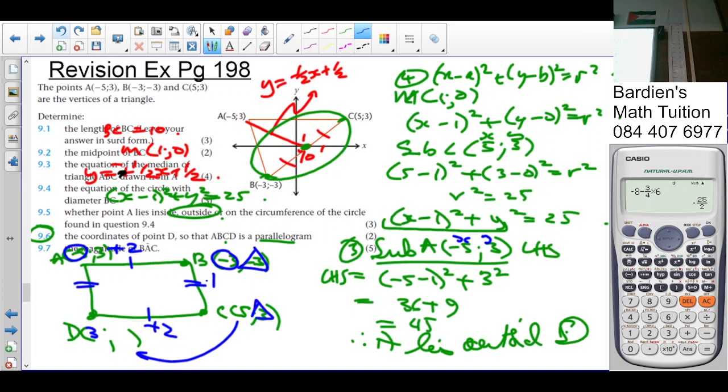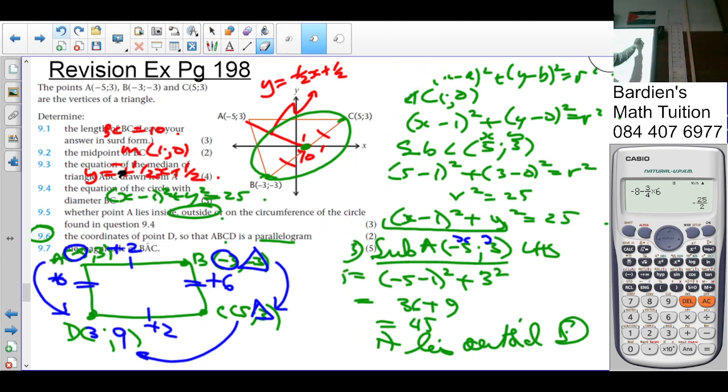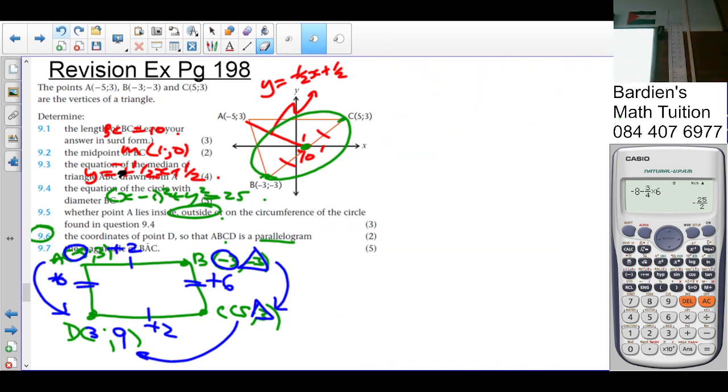You're adding 6 when you're moving in that direction, not so? So I must add 6 going in this direction. So 3 plus 6 is 9. And there's D. That's fairly simple. Just check if that's correct. Yes, sir. Good. Now I feel better about myself.